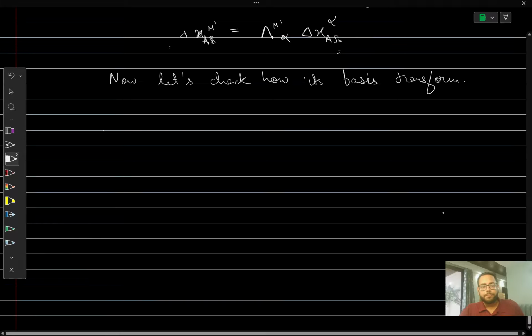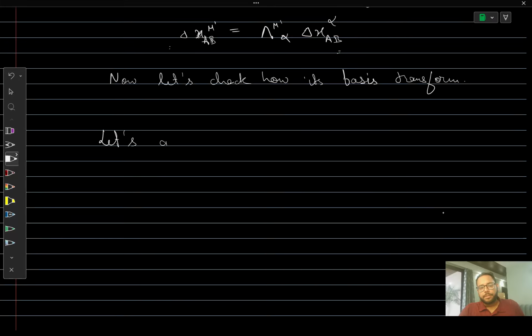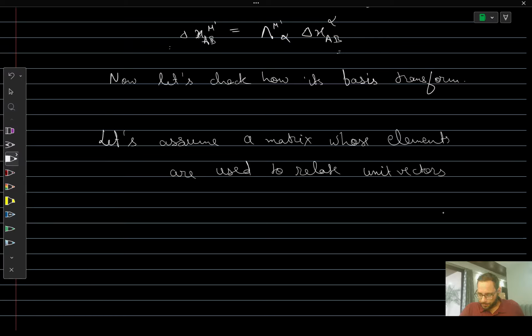Let's assume a matrix whose elements are used to relate unit vectors.